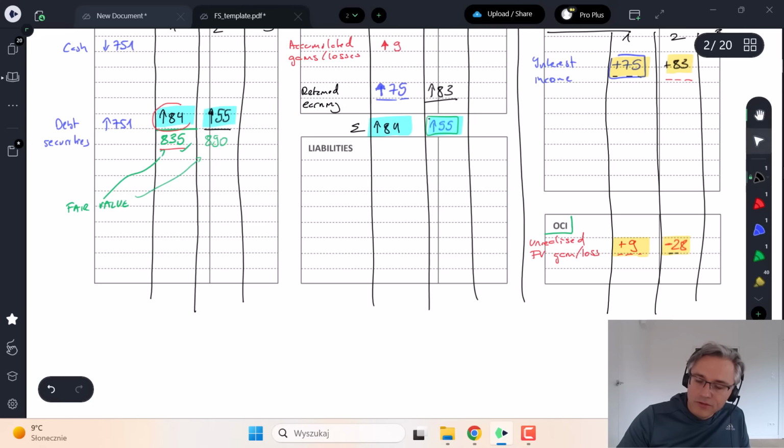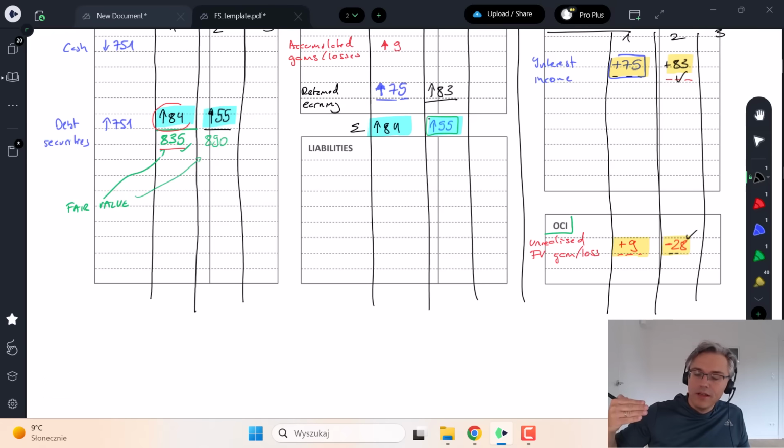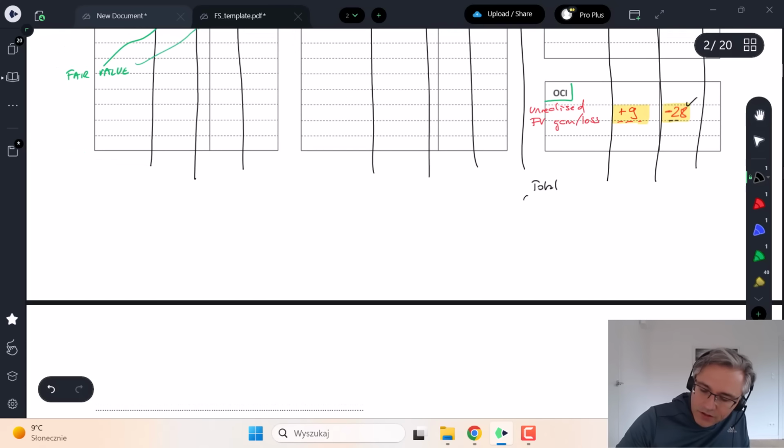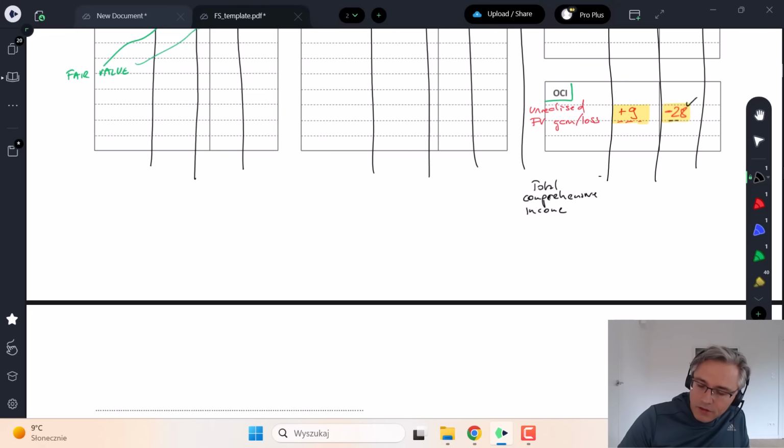So the total taken to P&L and OCI, so-called total comprehensive income, is still 55, right? Let me actually write this here. Total comprehensive income is the sum of everything that went to P&L and OCI. So in this period, it's 55.